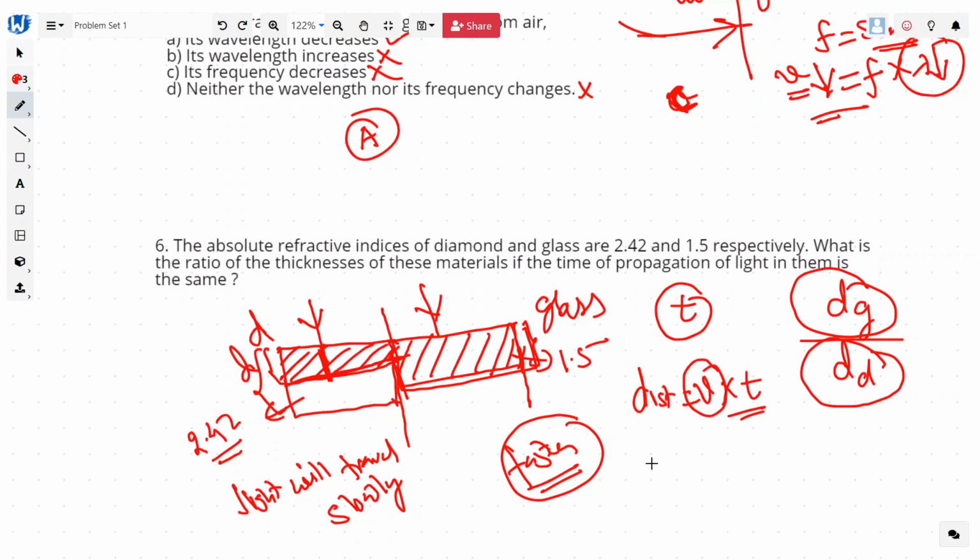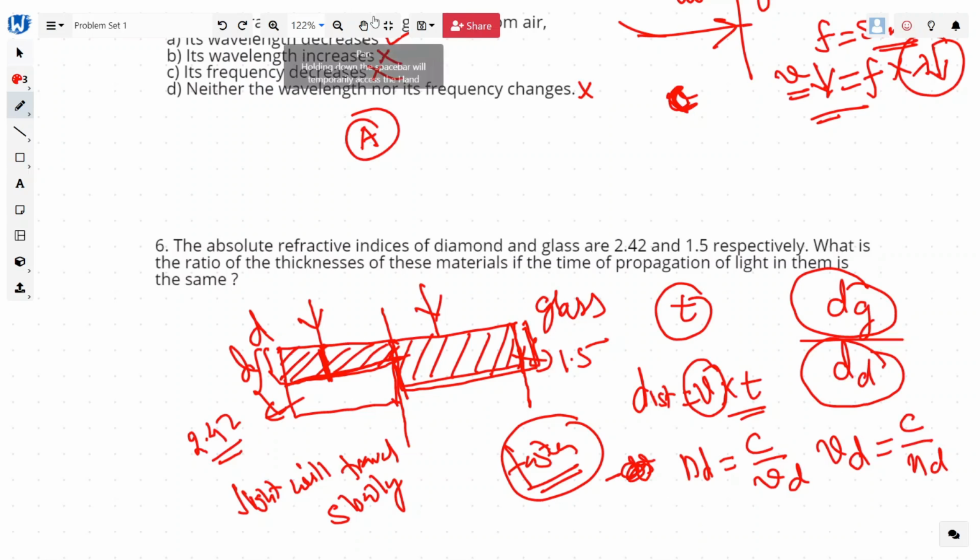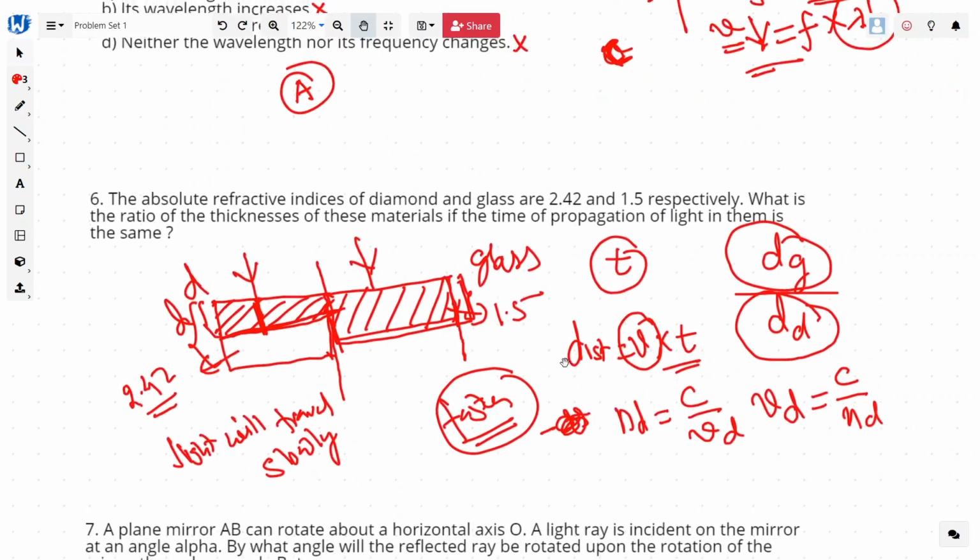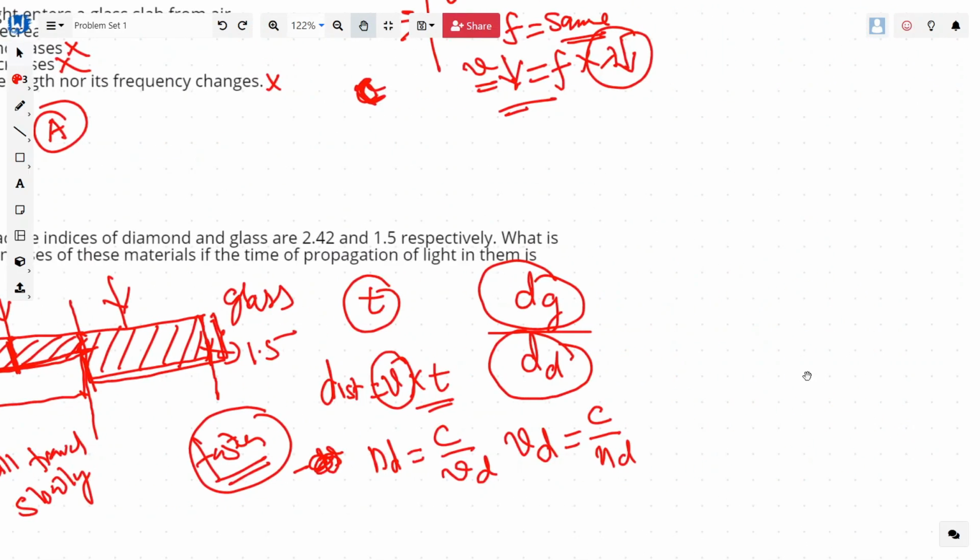The velocity of light in diamond is very simple. The refractive index of diamond is c by velocity in diamond, so velocity in diamond is going to be c by nd. Similarly for the glass, velocity in the glass is going to be c by ng.